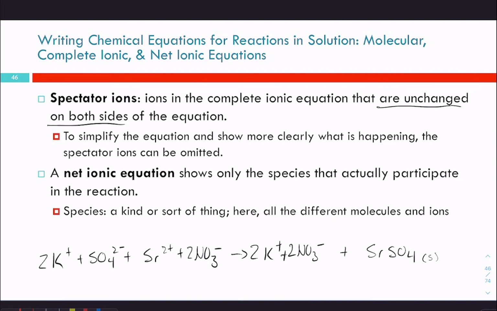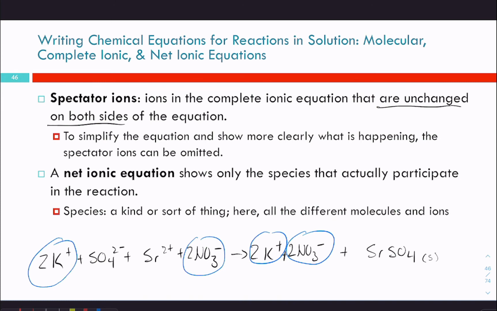These ions that look the same would be 2 potassiums, 2 potassiums, 2 nitrates, 2 nitrates. They haven't changed from the left side to the right side. Position in the reaction doesn't really matter, or order. It can be rewritten any way. So we can omit those. We can just delete them from the equation. They don't matter. They're not reacting.